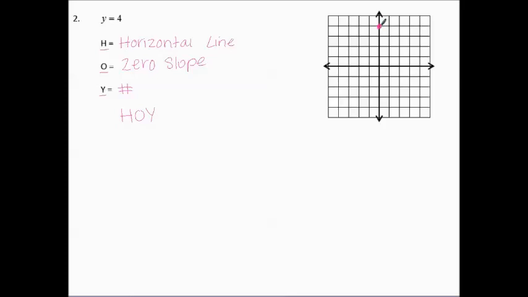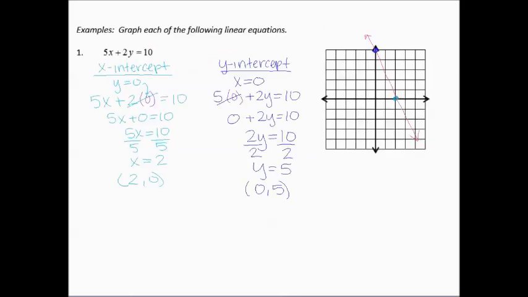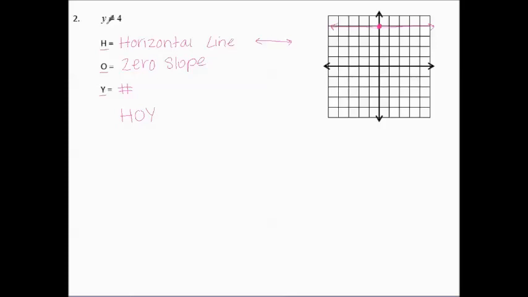And I know it is a horizontal line. Remember, a horizontal line is one that looks like this. So I'm going to put a horizontal line right through that point. And the line that we just graphed has 0 slope and it's a y equals line. But notice that there are no other variables. In my other one, I had a y, but I also had an x. This one only has a y.